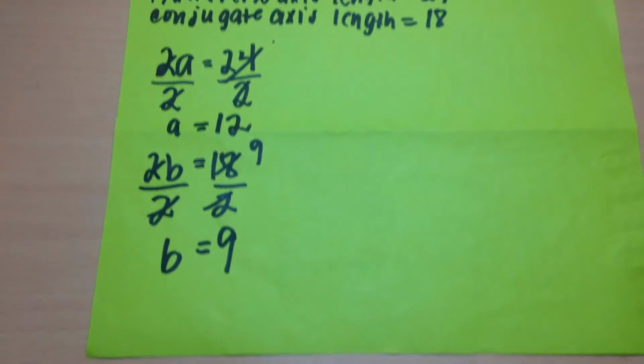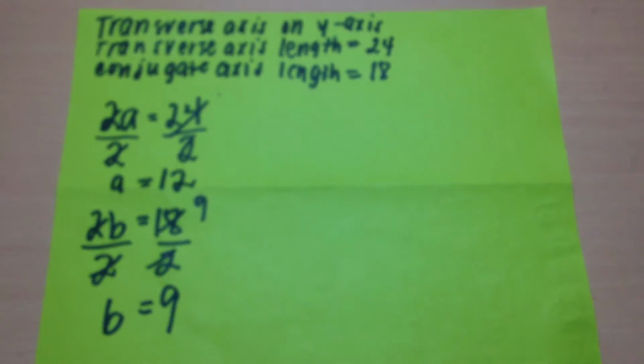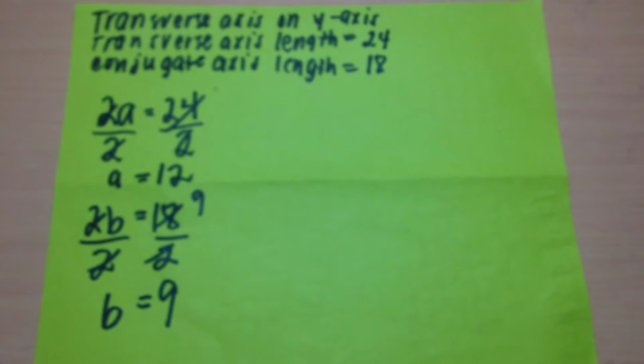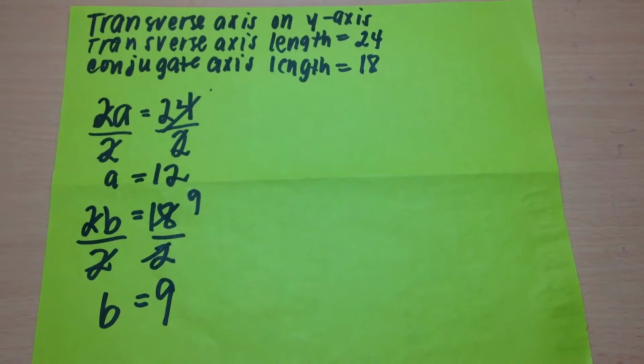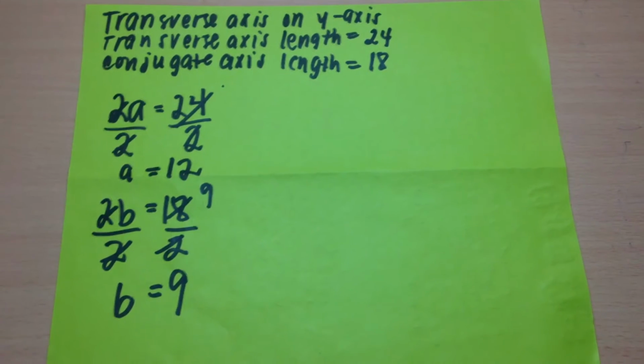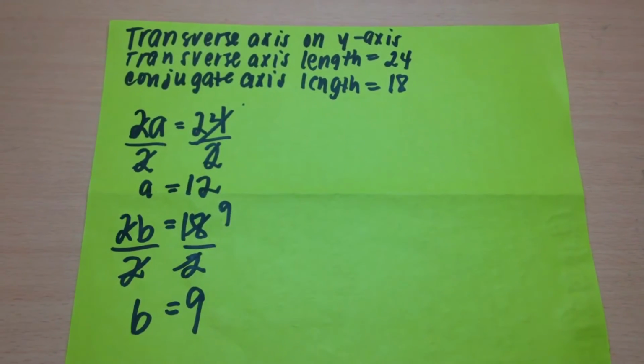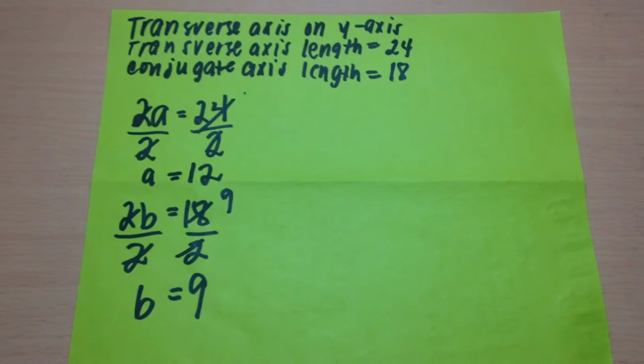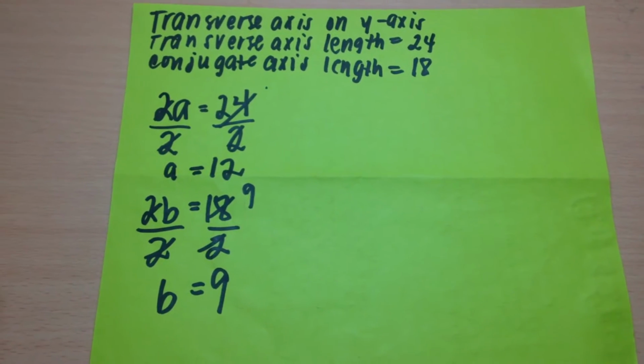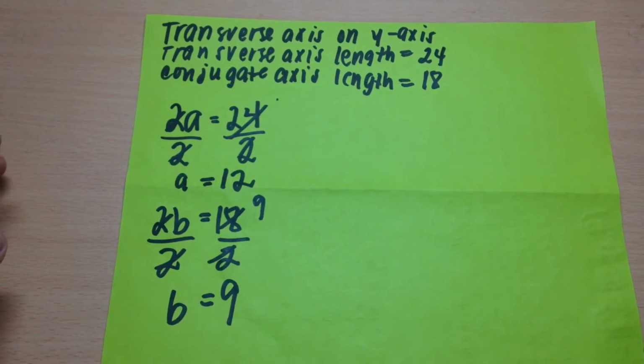Okay, now we got the value of a and b. Since the transverse axis lies on the y-axis, we will be using the standard equation y squared over a squared minus x squared over b squared is equal to 1.